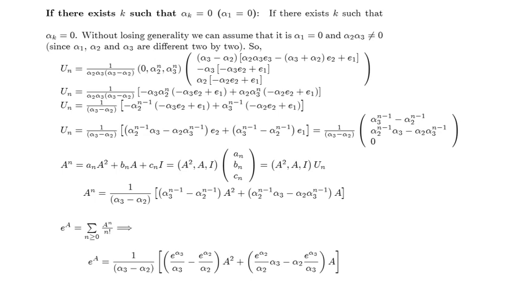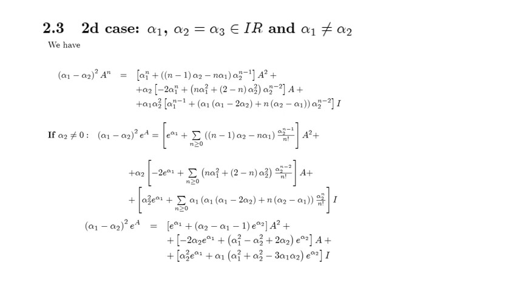We use the n power of A. A second case, if alpha 2 equals alpha 3 and alpha 1 is different from alpha 2. So we have seen that the n power of A verifies this relation.